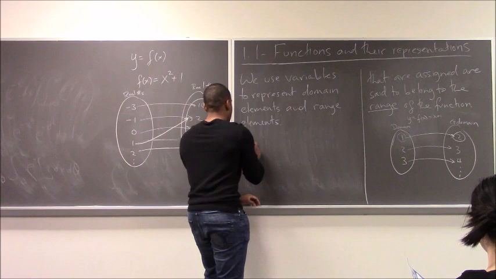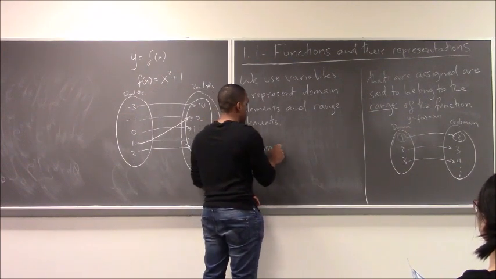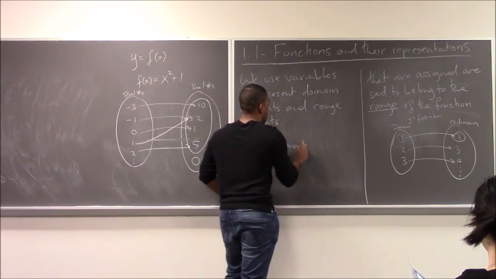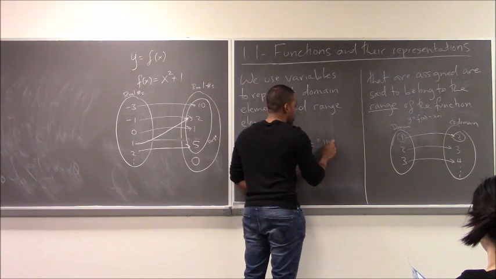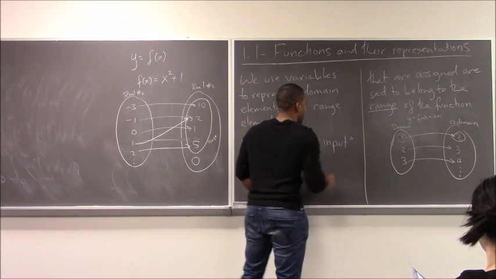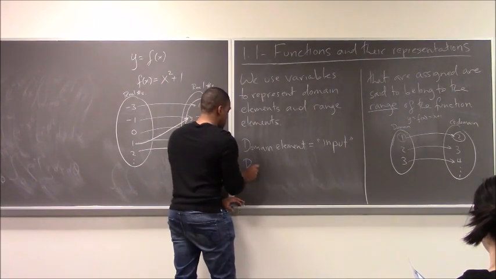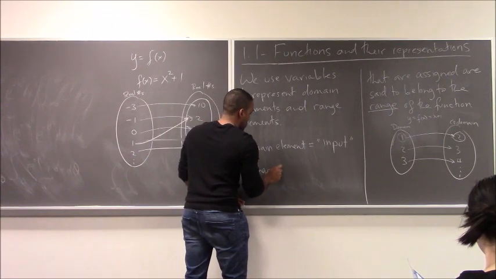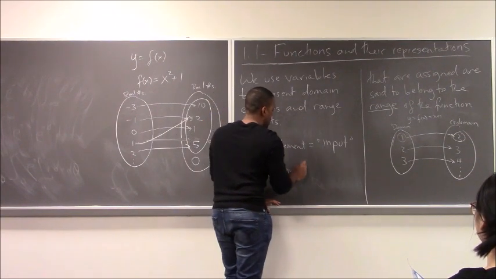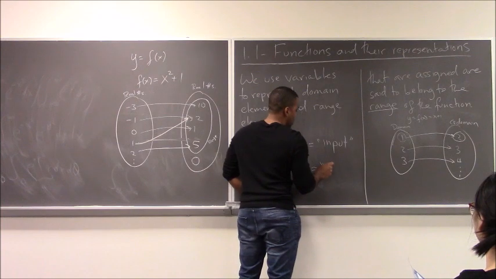So the domain elements, the guys that are in the first group, we often call those inputs. And then the range elements, we often call the output.